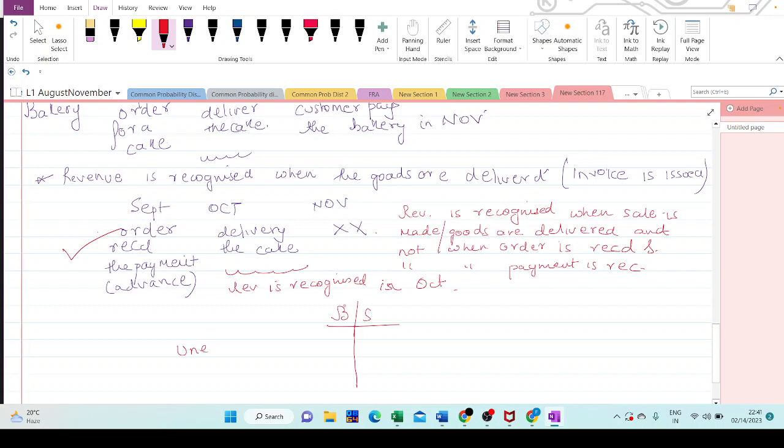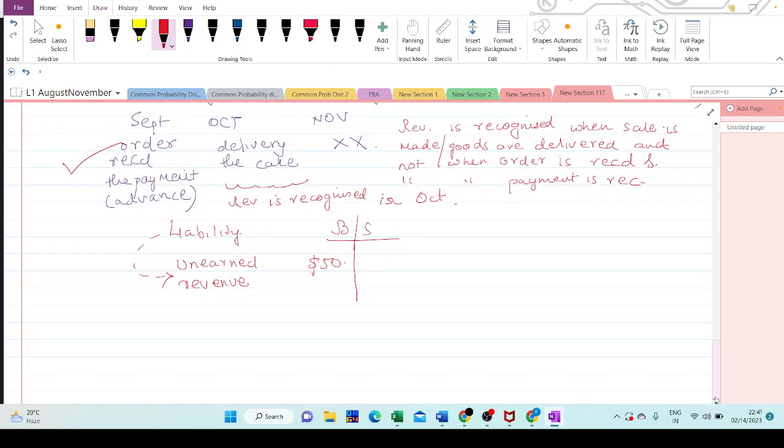We will report a liability termed as unearned revenue, and the amount would be the payment received in advance, right? So since we received the entire $50, which is the price of the cake, in advance, we will record a liability of $50 as unearned revenue.